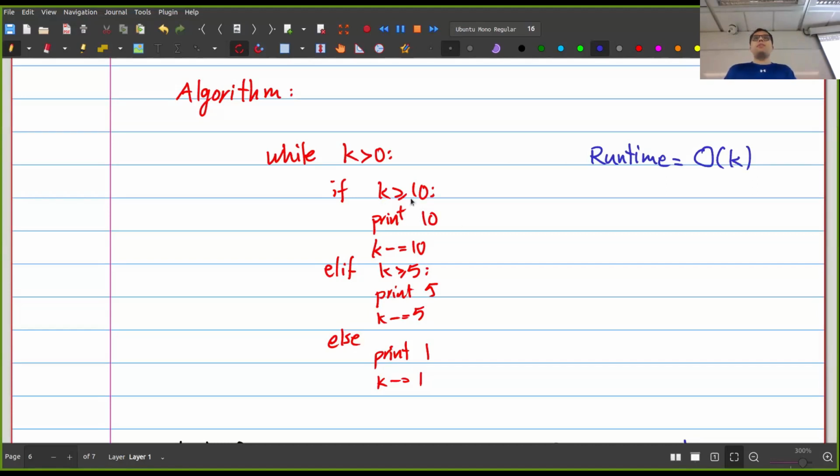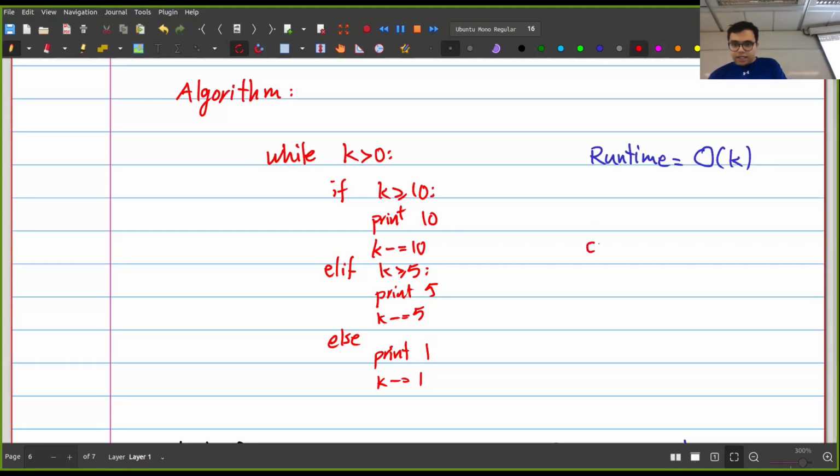And if K is a multiple of 10, I will literally pay K over 10 different coins. So it's going to take linear time in K. Can I make this faster? If instead of printing all the coins, I just want to count how many coins I need, can I make it faster? Well, yes, because I can do this.